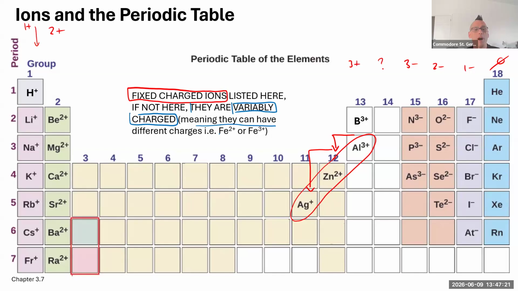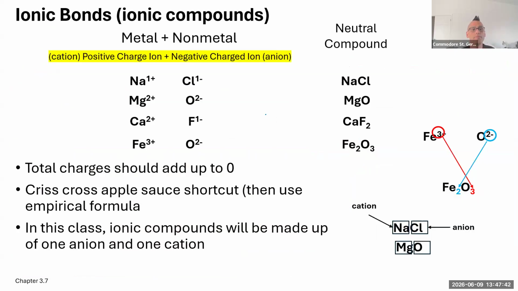For example, iron can have a 2 plus, meaning it lost 2 electrons, or it could be a 3 plus, meaning they lost 3 electrons, right? So everything listed here are fixed charge ions. Everything that's not here are going to be variably charged ions, all right?